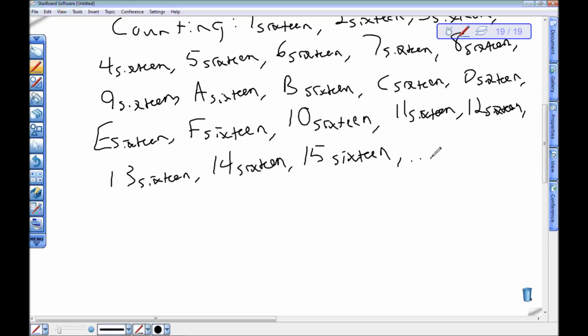Do I want to do another example or get counting here? Sure. If I'm at 9 9 base 16, I want to know what the next number is. I have to remember that it is 9A base 16, right?